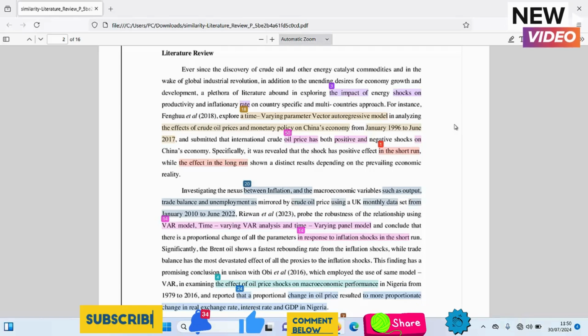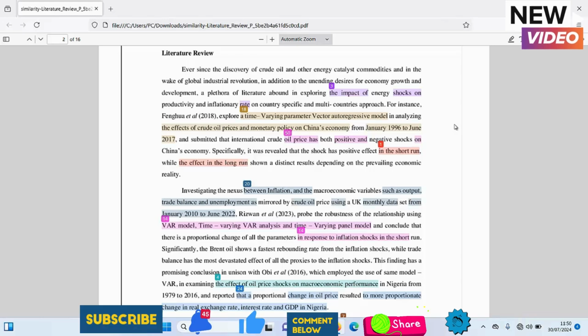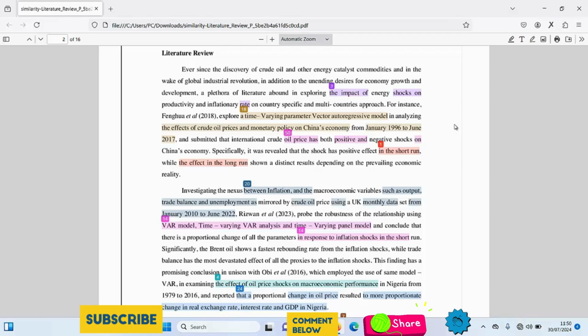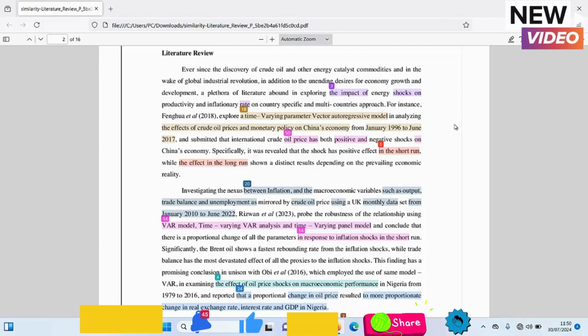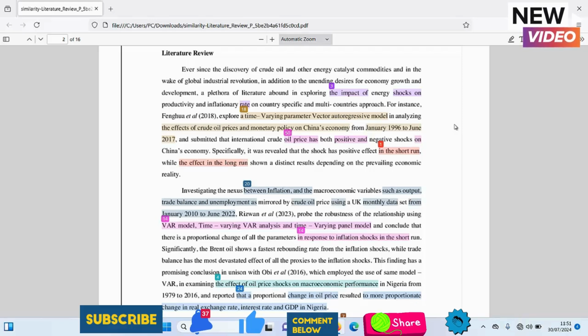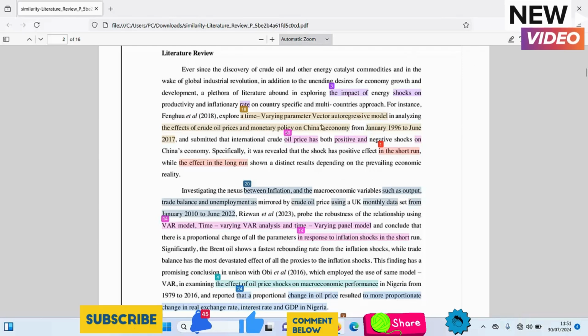So you need to find out from your department what is the acceptable plagiarism rate. So if the acceptable plagiarism rate is 25% or 15% for your department or your school or your faculty, then you need to ensure that you paraphrase or rewrite any content or information highlighted in your document. I believe what I'm trying to say is clear.